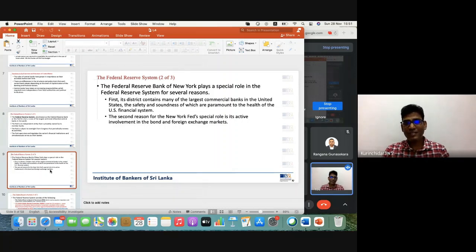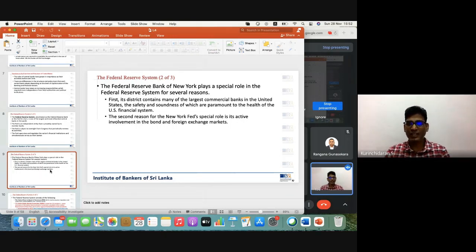Actually, there are 12 Federal Reserve Banks in the US, but the major role is played by the Federal Reserve Bank of New York. So if somebody says Federal Reserve Bank, it indicates New York, right? They are the key player.